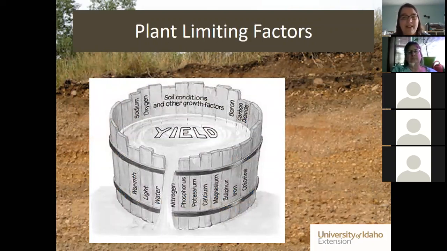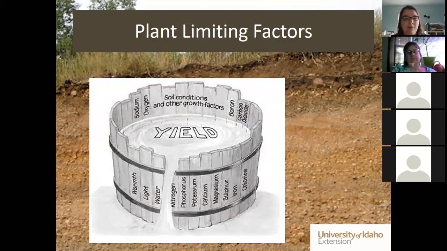This is often an illustration that's talked about when you're talking about yield or growth of a plant. This is a barrel, and your lowest slat is as high as the yield is going to go. In this case, the nitrogen deficiency is what's going to be holding that plant back.